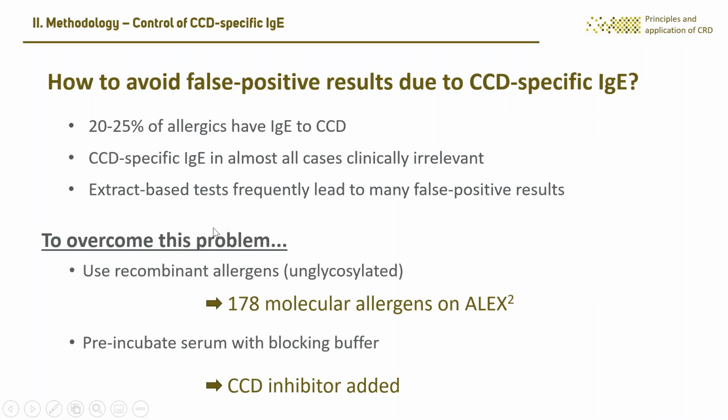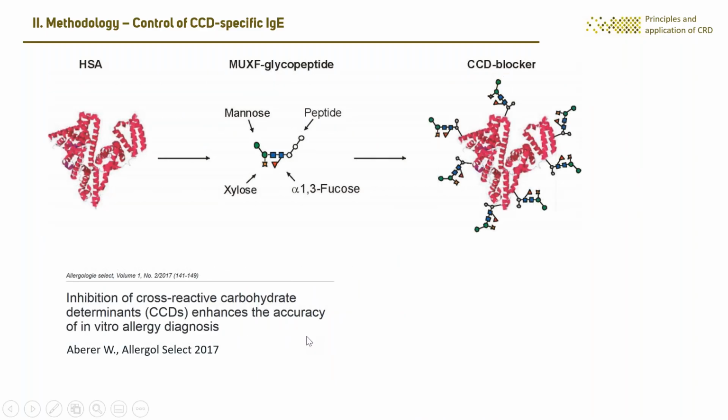But the solution is quite simple. Either you can use molecular allergens, more specifically recombinant allergens, which are devoid of any sugar moieties, or you can use a CCD blocker, which you add to the serum.